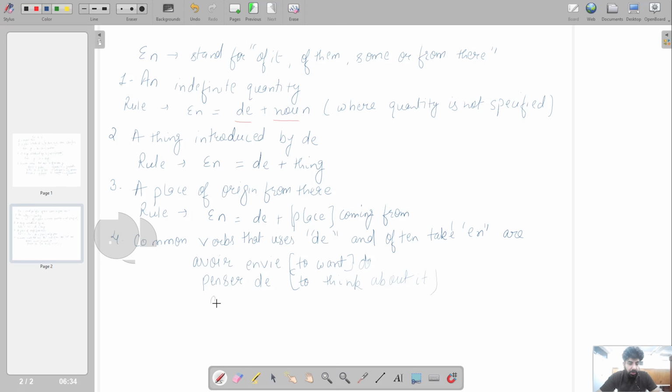Then the next one is avoir besoin de, so this simply means to need. So if you see, generally we have this avoir where exactly it is coming, and we are using this part. Okay. I'll just write down the last one and then I'll explain.